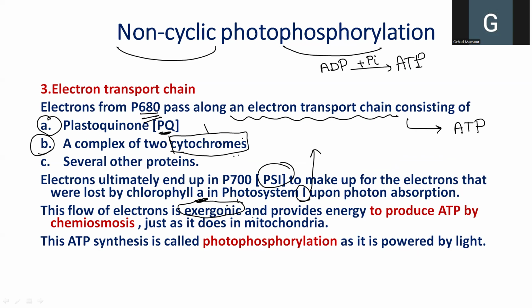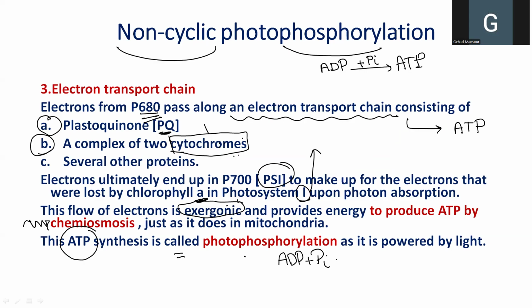But the details of how this energy is utilized to form ATP are not that simple. Therefore, we will be studying them on a separate slide called chemiosmosis. But at least at this stage, we can understand why ATP synthesis is called photophosphorylation, because as we said, we are phosphorylating ADP.